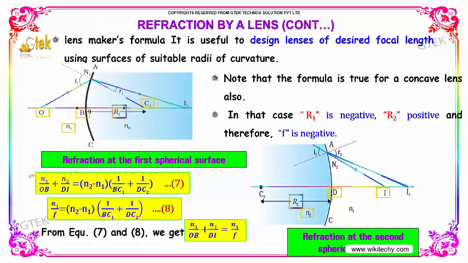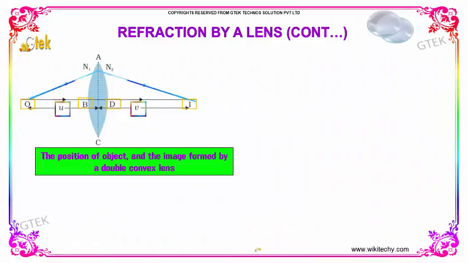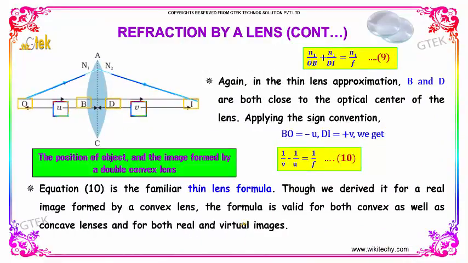So this is equation 7, which we have seen before, and this is equation 8, and this is the final equation. The final equation is n1 divided by OB plus n1 divided by DI is equal to n1 divided by f.